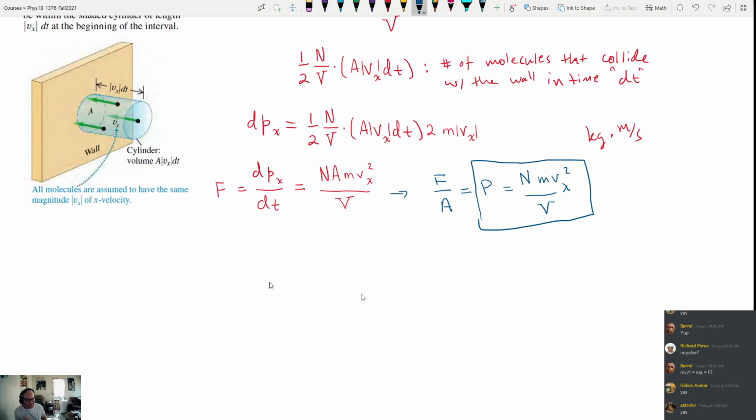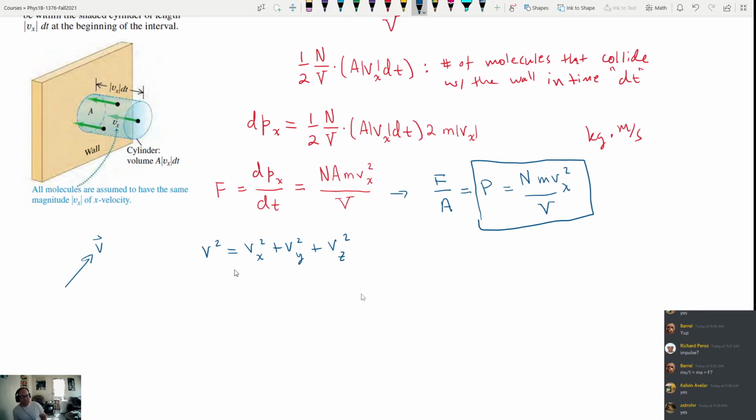But what we could have done is basically average them. In general, if I know that an object has a velocity that we call v, that velocity can be broken up using the Pythagorean theorem for 3 dimensions. If an individual molecule has a velocity v, we can say that v squared is equal to vx squared plus vy squared plus vz squared.